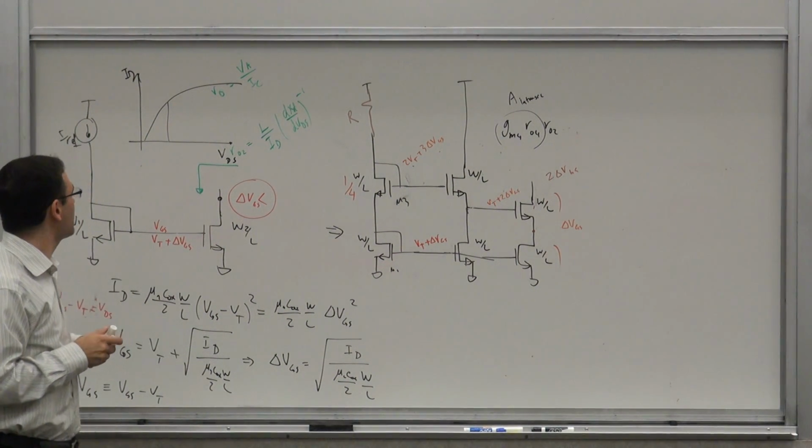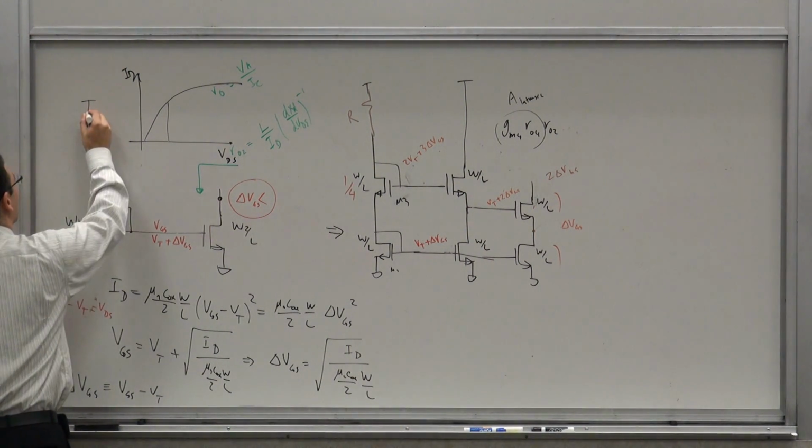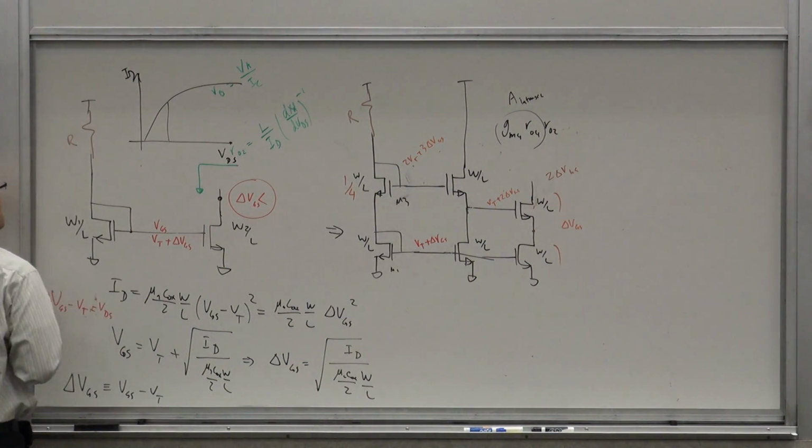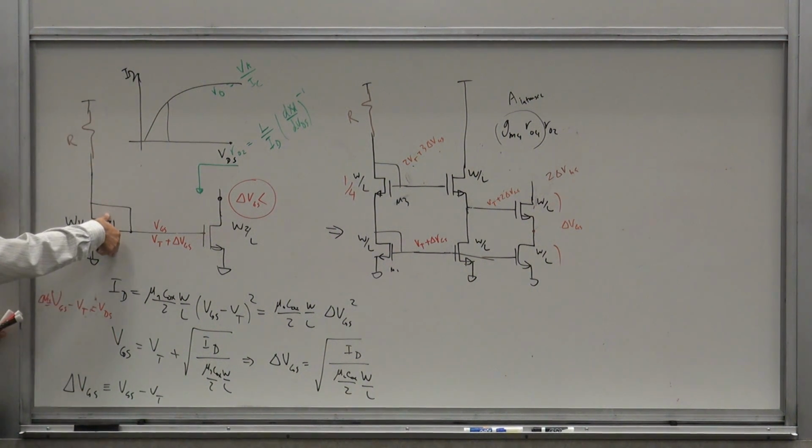For instance, if I put a resistor there, or even more simply, a resistor here, what determines my reference branch current? VDD, so basically I have VDD minus this VGS divided by R.